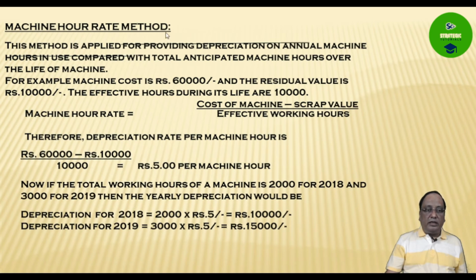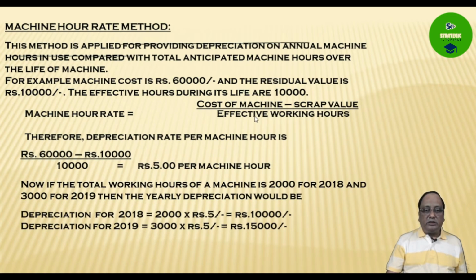Next is the machine hour rate method. This method is applied for providing depreciation on the annual machine hour rate in use compared to the total anticipated machine hours over the life of the machine. For example, machine cost is 60,000, the residual value is 10,000, the effective hours during the life are 10,000 hours.